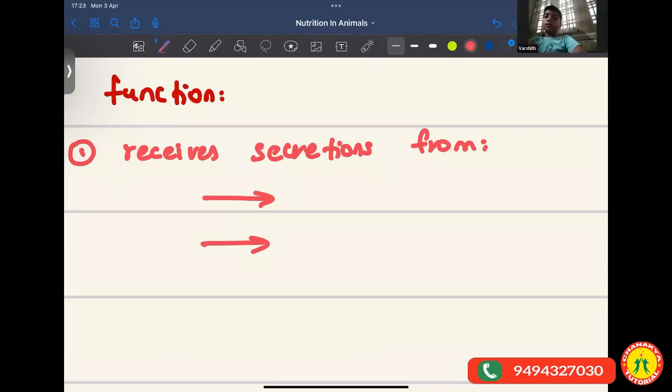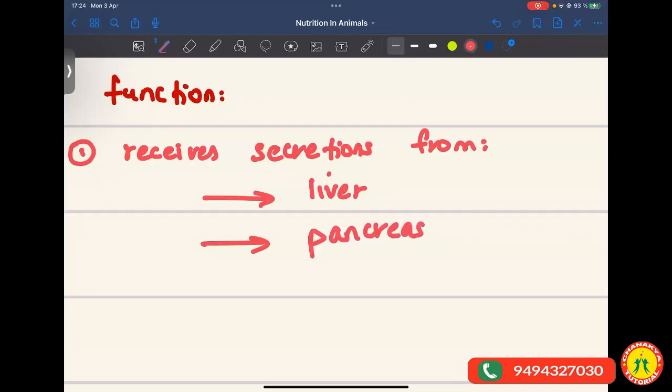The digestive juice secretions are secreted by what all organs? Ma'am, stomach, liver, pancreas, salivary gland, etc. Okay. So liver and pancreas are the two important organs from which the small intestine receives secretions.